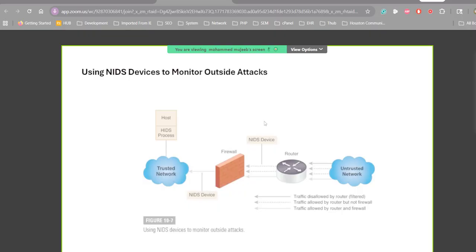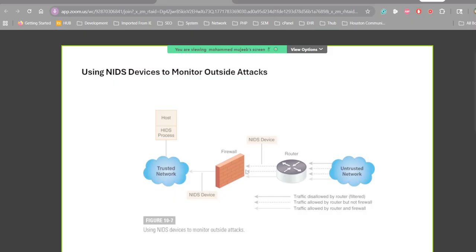So from your router there is a network device sitting, then there is a firewall, and there is another network IDS sitting inside, then the trusted network, and then you also have a host IDS system. This is called multi-layer protection. You protect from the outside, and you protect the traffic on the network.